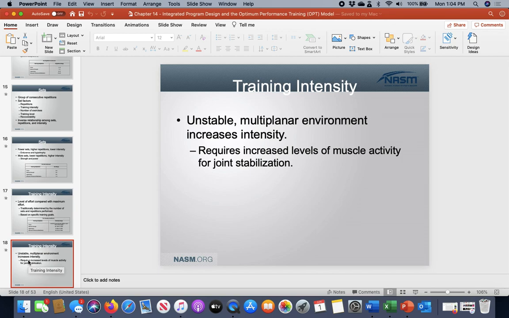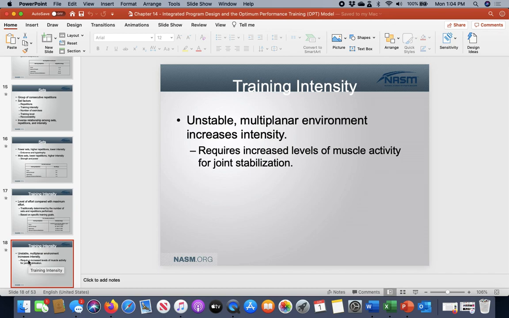But when you work in an unstable or multiplanar or both combined environment, typically it increases the intensity. It does not mean that the weight that is lifted is increased. It means that it makes the movement harder. It does not mean that you can use more weight.